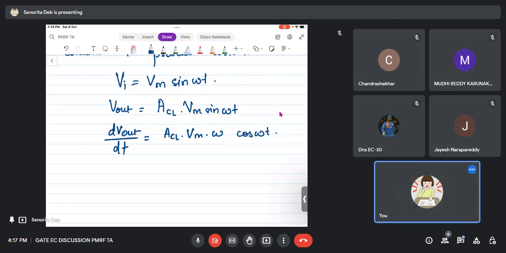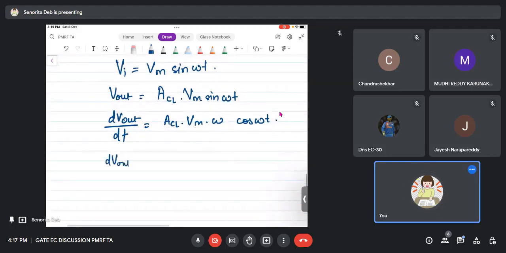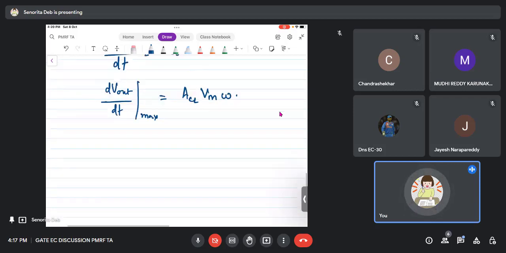Is it true? What will be the maximum value? The maximum value will be ACL Vm omega. Now normally, because omega is the frequency, the bandwidth, which is in megahertz, it is high for the op amp. So normally we write it as ACL Vm omega by 10 to the power 6 volt per microsecond.